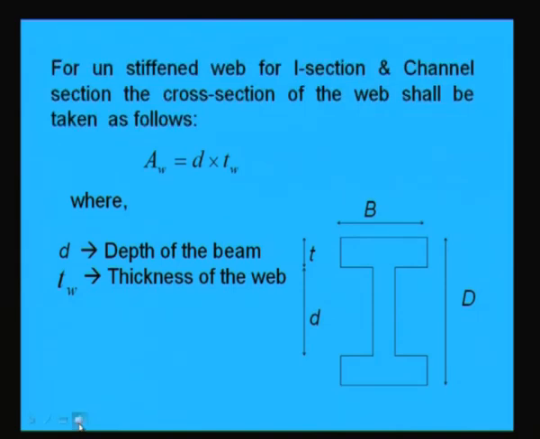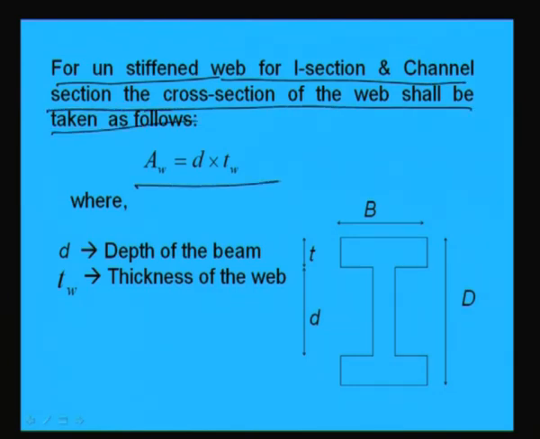Again, for the unstiffened web of I and channel sections, the cross section of the web can be taken as this, meaning the area of the web will simply be D into Tw, because D is this one, and Tw is the thickness of the web.